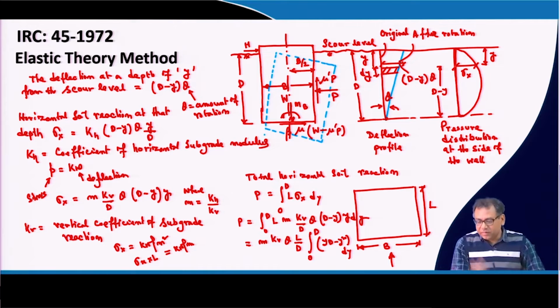Suppose that sigma x, the horizontal pressure which is developed, is greater than the soil resistance, then this well will become unstable. So, to make this well stable, the horizontal stress developed at any depth y from the scour level should not be greater than the soil resistance at that point.